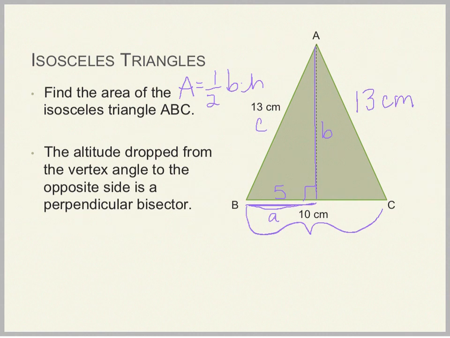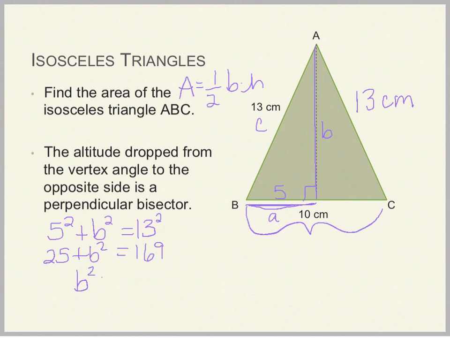So using Pythagorean's theorem, I know that 5 squared plus B squared equals our hypotenuse squared, or 13 squared, meaning 25 plus B squared equals 169. Subtracting 25 from both sides, B squared equals 144. So B must equal 12 centimeters.